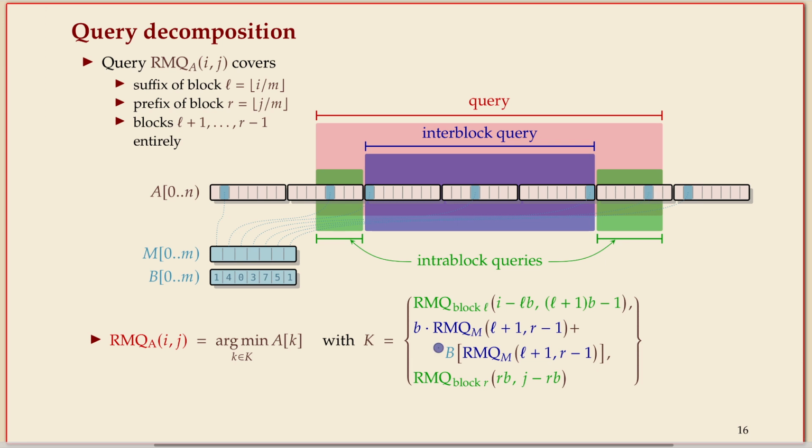And the middle part uses the sparse table, referring to the previous slide, because these cover entire blocks. The minimum must come from one block minimum. And so, formally written, we're using RMQ on M, the copied values of the minima. But we also need to access the array B to know at which position the minimum is.